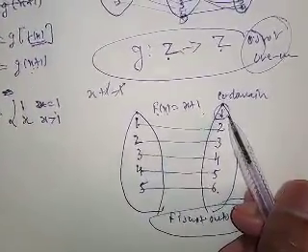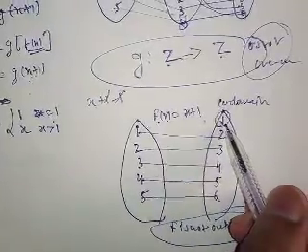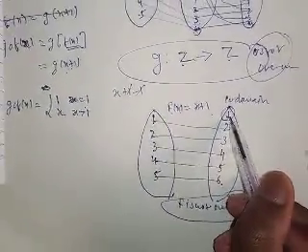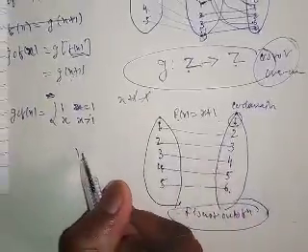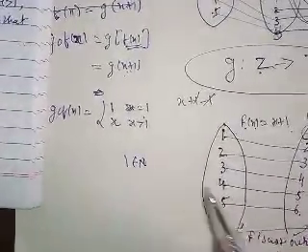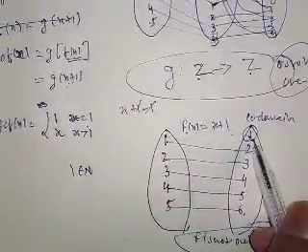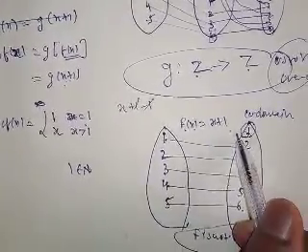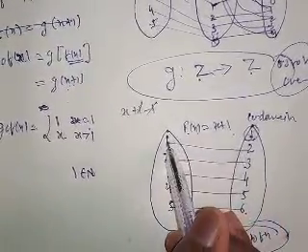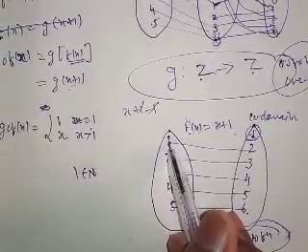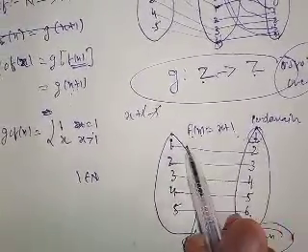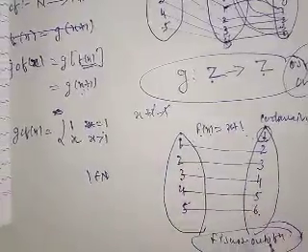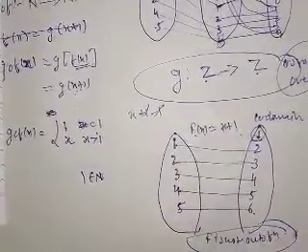So how will we write it? 1 belongs to N in the codomain, but there does not exist any element in the domain that maps to it, therefore f is not onto.